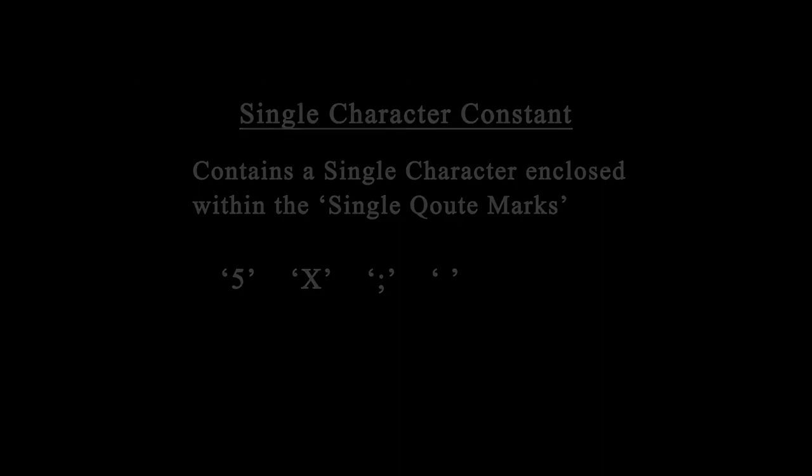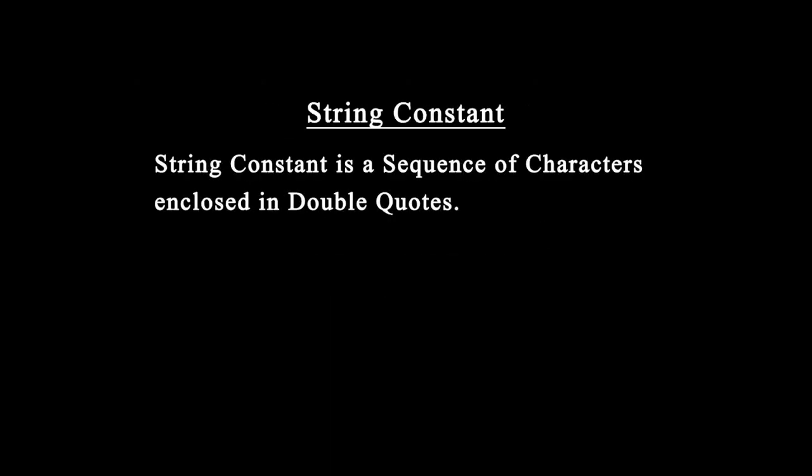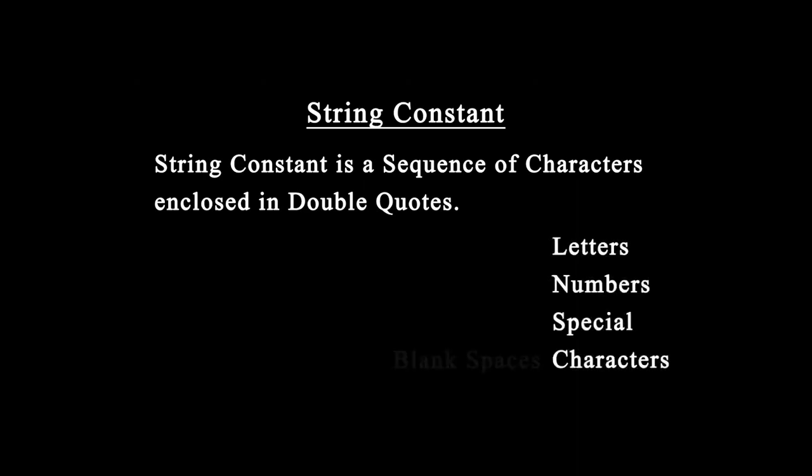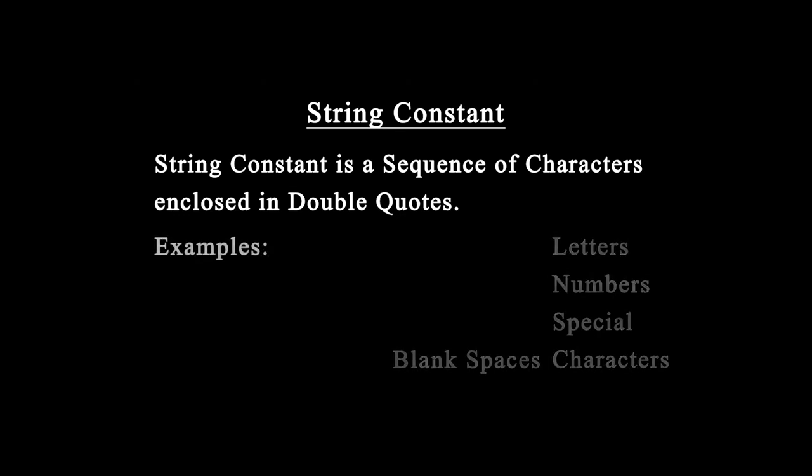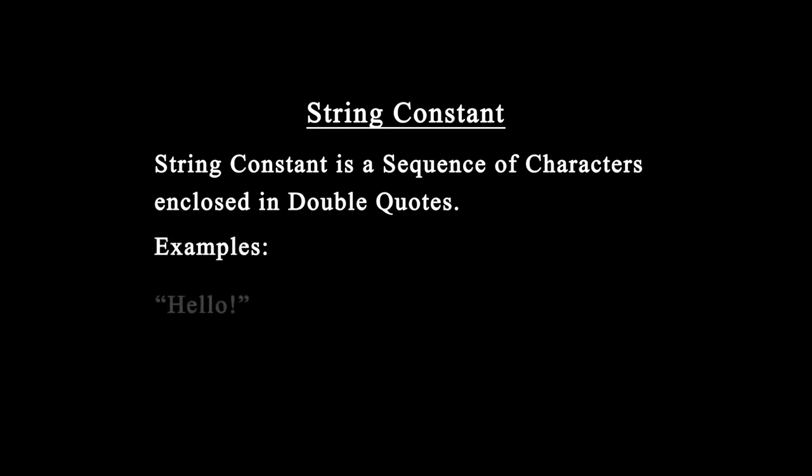Now let's move on to the string constant. A string constant is a sequence of characters included in double quotes. The characters may be letters, numbers, special characters, and a blank space. Like in double quotes, if we write hello, or if you give an integer value as well, it will be recognized as a string constant inside the quotes.